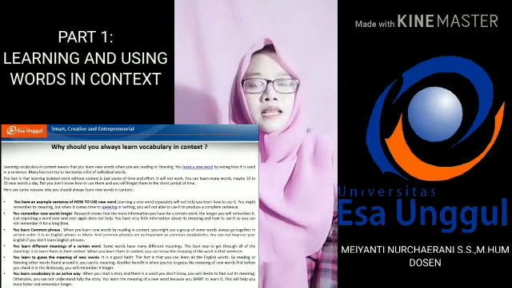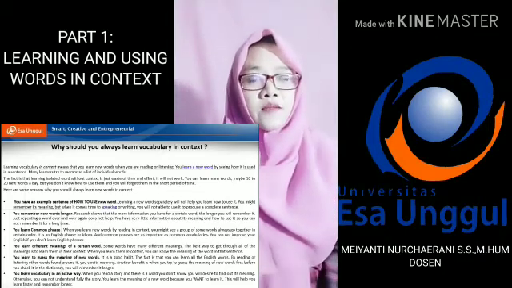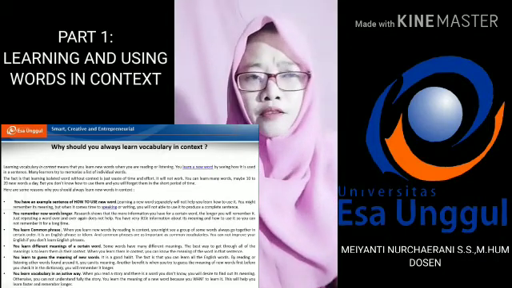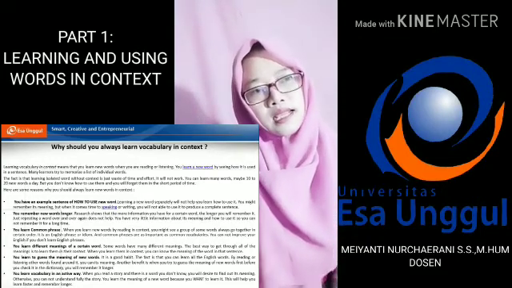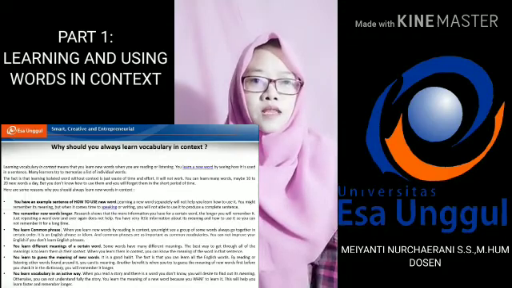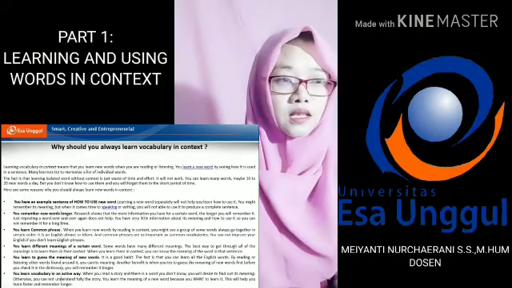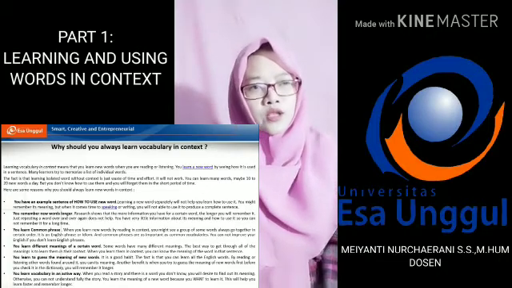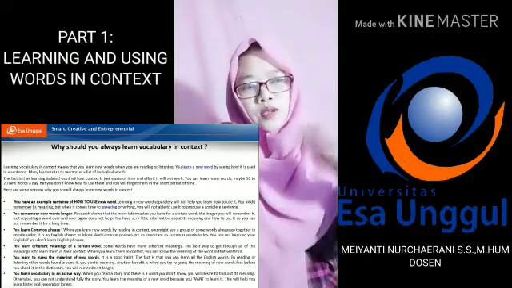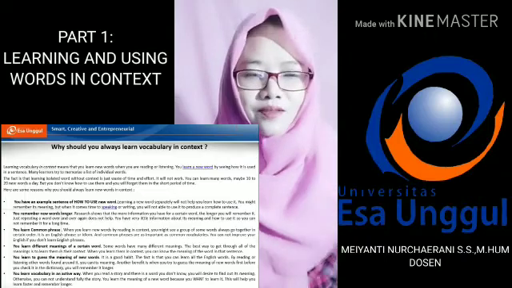Many learners try to memorize a list of individual words. The fact is that learning isolated words without context is just a waste of time and effort. It will not work. You can learn many words, maybe 10 or 20 new words a day, but you don't know how to use them and you will forget them in a short period of time.